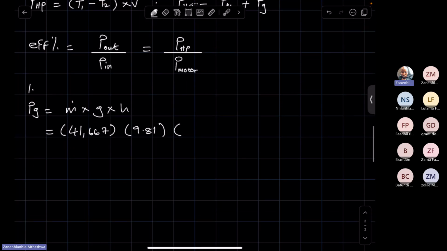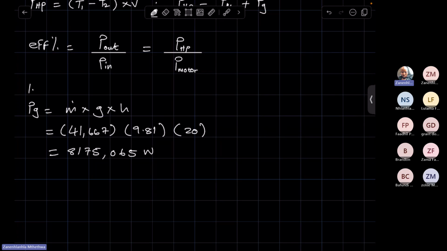Now the height they said was 20 meters. Punching this in your calculators, we have 41,667 times 9.81 times 20, which is 8175.065 watts.